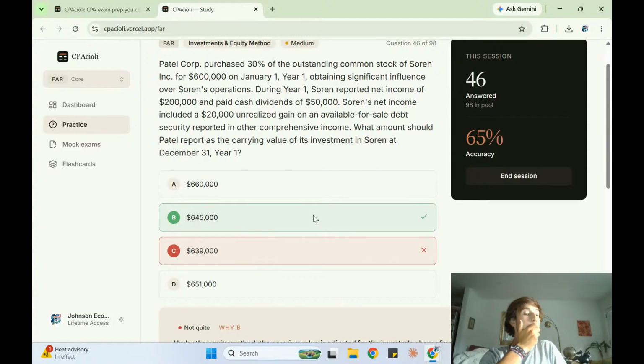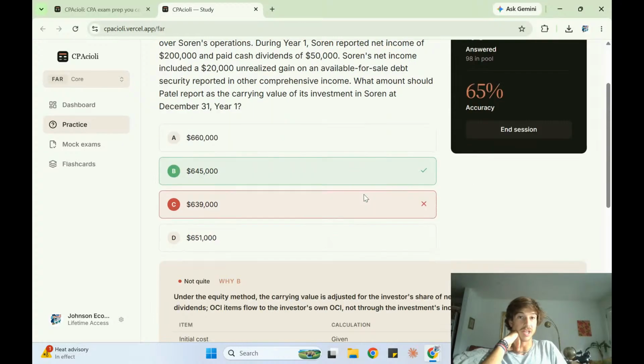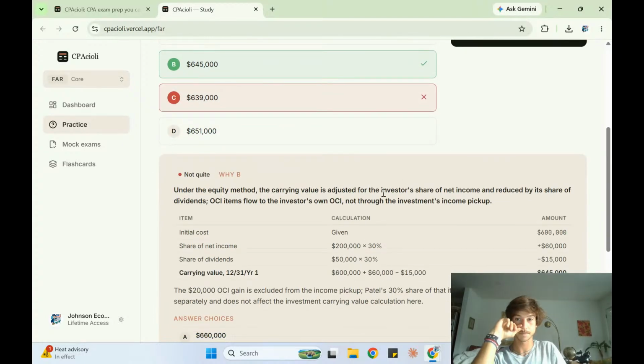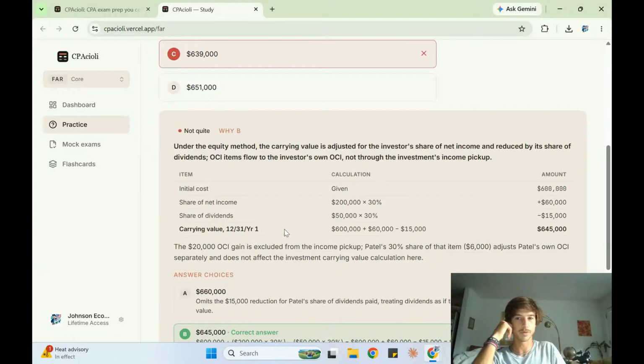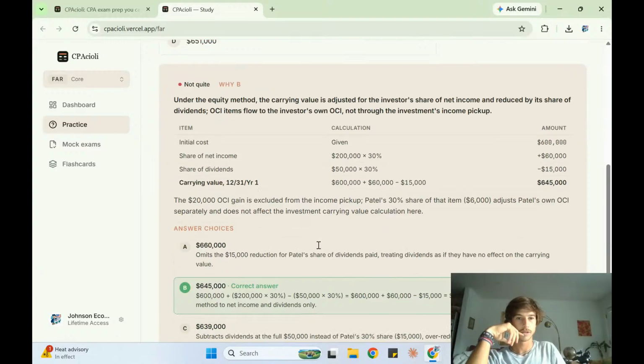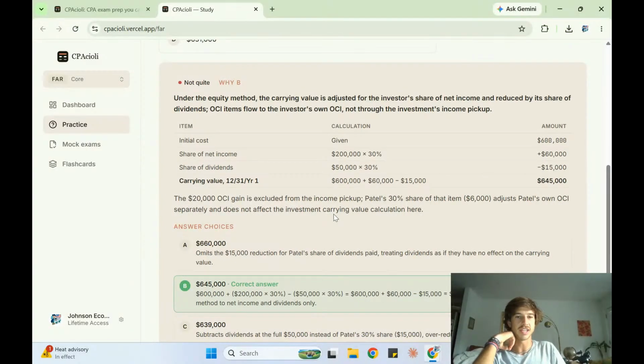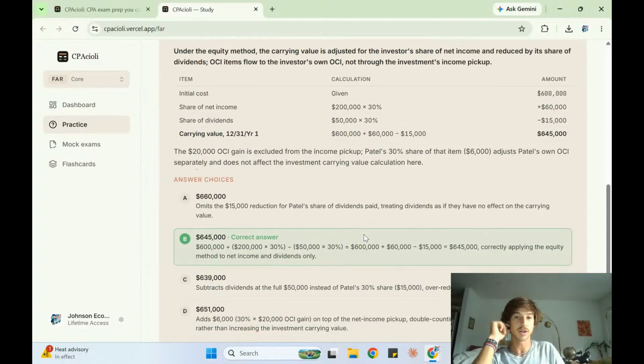Dang. Okay. So you do include the unrealized gain, I guess. OCI items flow to investors' own OCI, not through the investment's income pickup. The $20,000 OCI gain is excluded from the income pickup. Patel's 30% share of that item, $6,000, is just Patel's own OCI, so it really does not affect the investment carrying value calculation here.